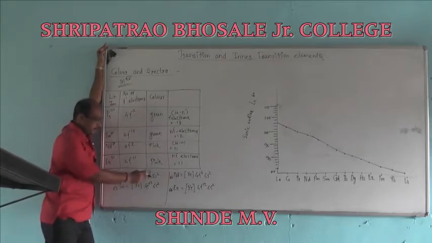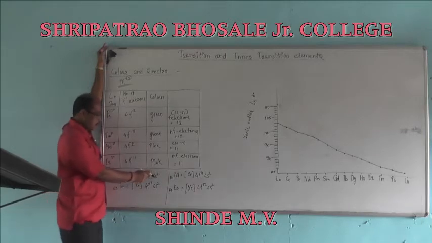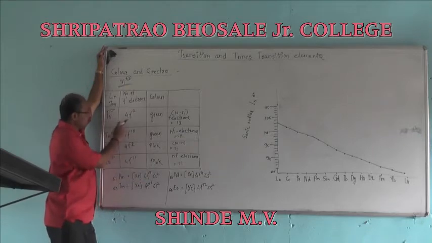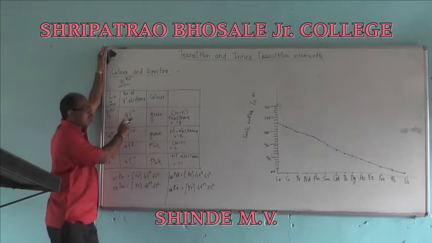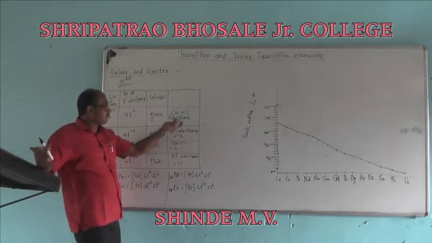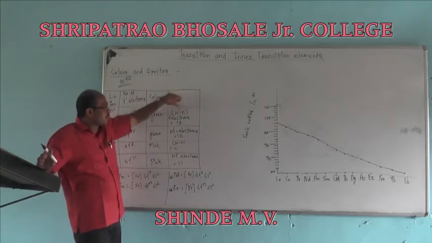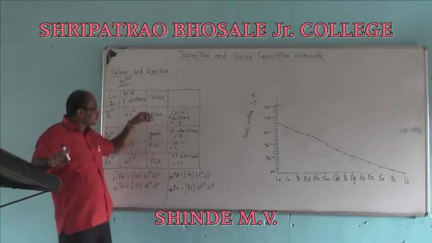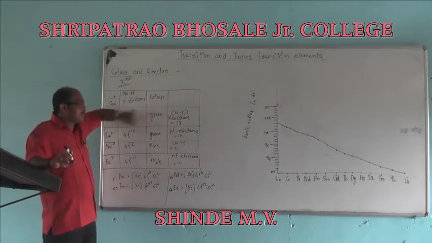From 4f we remove electrons, so in the 4f subshell we have the presence of 2 electrons. These 2 electrons can be deducted from the total of 14 electrons present in the f subshell. 14 minus n is equal to 12 electrons, so it appears in green color, in its solid form.